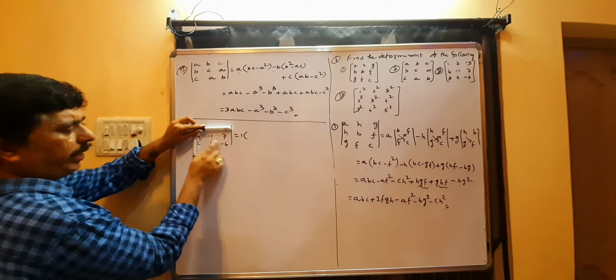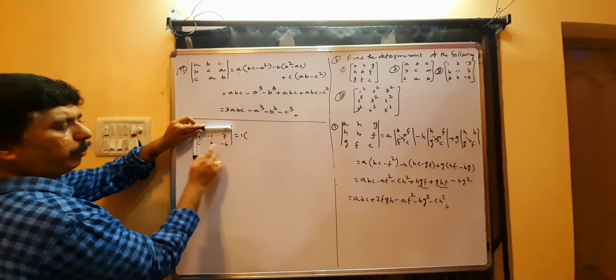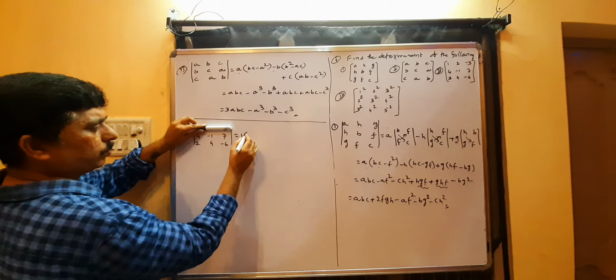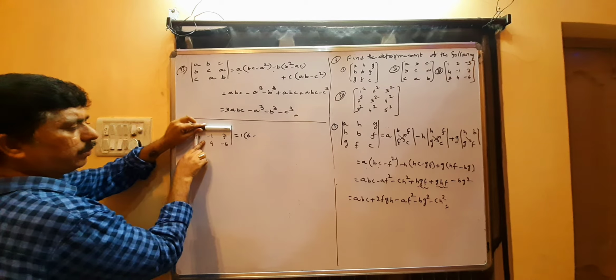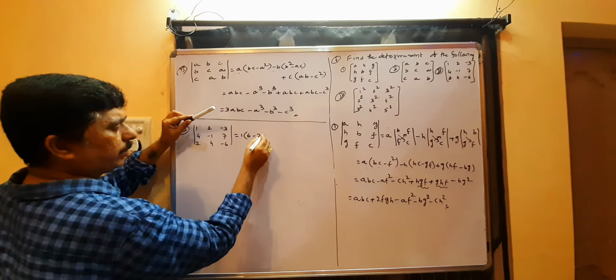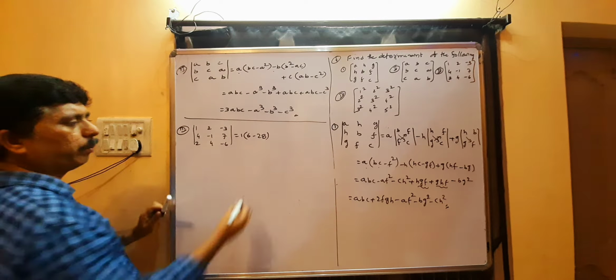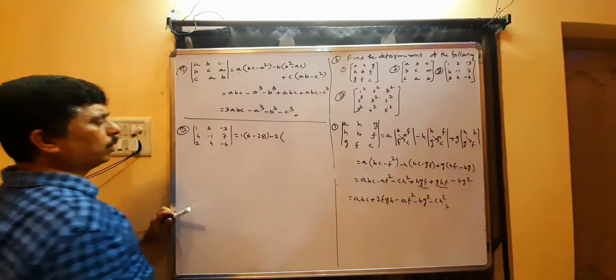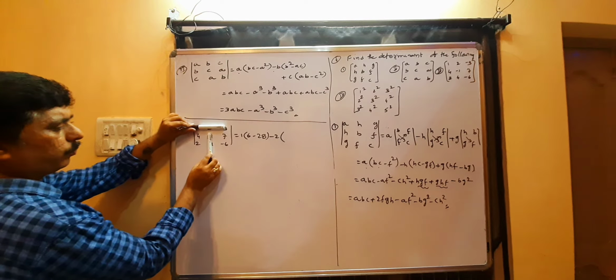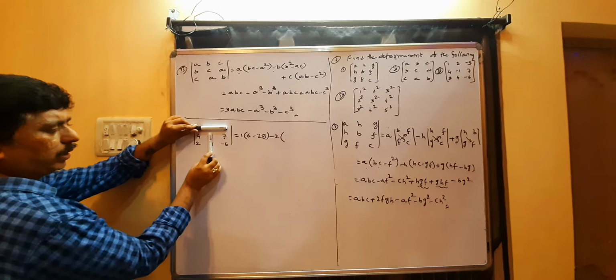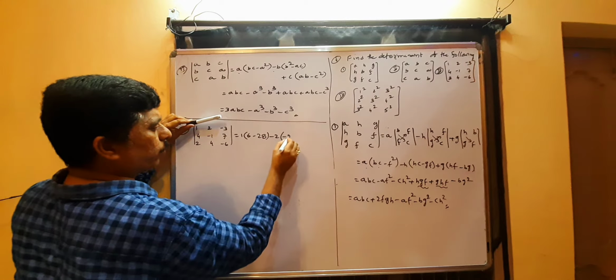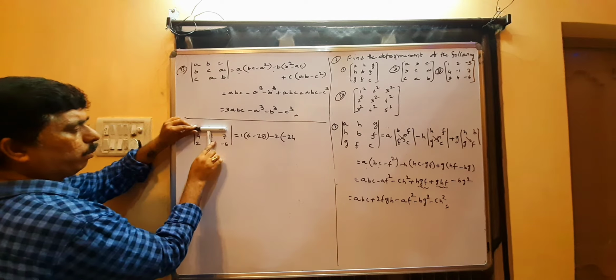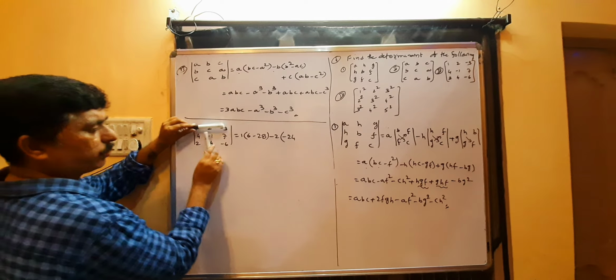AD minus BC: minus 1 into minus 6 is plus 6, minus 4 into 7 is 28. Minus 2 into the remaining determinant: 4 into minus 6 is minus 24, minus 2 into 7 is minus 14.